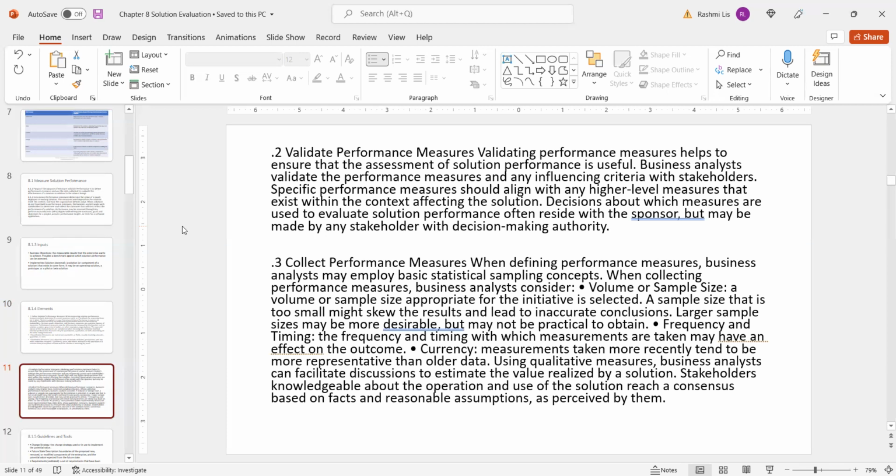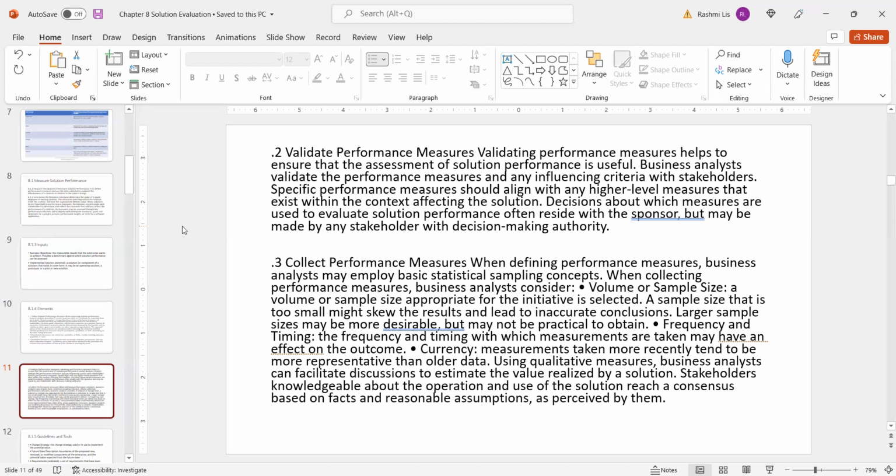Larger sample sizes may be more desirable but may not be practical to obtain. Frequency and timing: the frequency and timing with which measurements are taken may have an effect on the outcome. Currency: measurements taken more recently tend to be more representative than older data. When they say currency, it's not really currency as in the value, it's how current the measurement is. So keep that in mind.